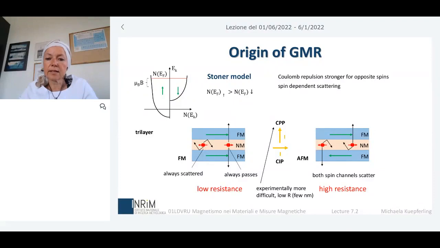And this is another very important ingredient, that these layers are so thin, because otherwise all these effects would not work. They are based, however, on the interface between the different layers and not on the bulk. These effects would never work in bulk materials.